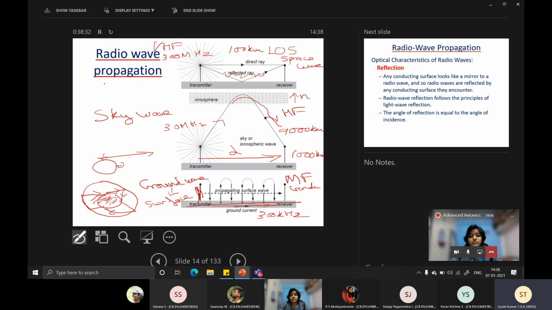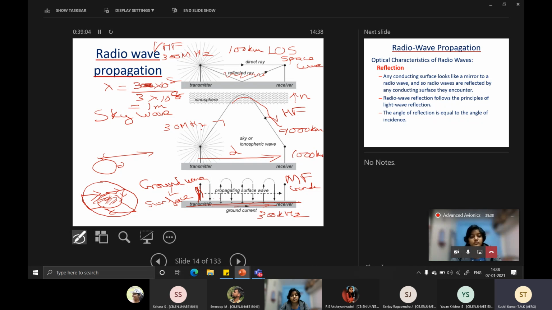If you see what lambda is for the first one, it is 300 megahertz, right? So 3 into 10 power 8 by 3 into 10 power 8, it becomes 1 meter.